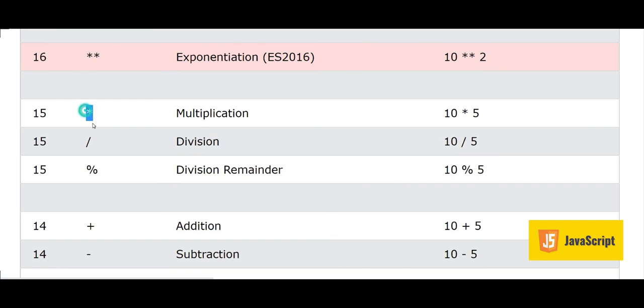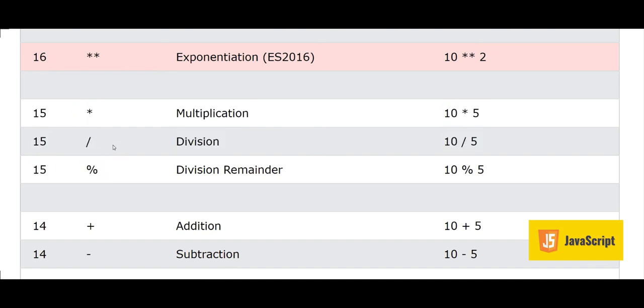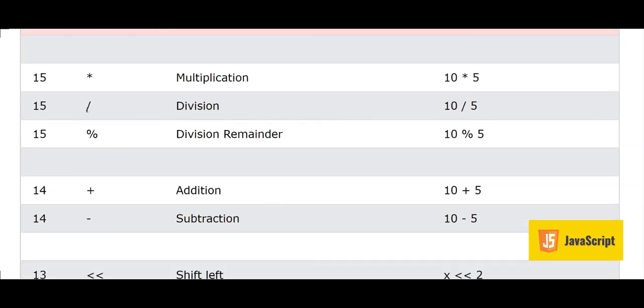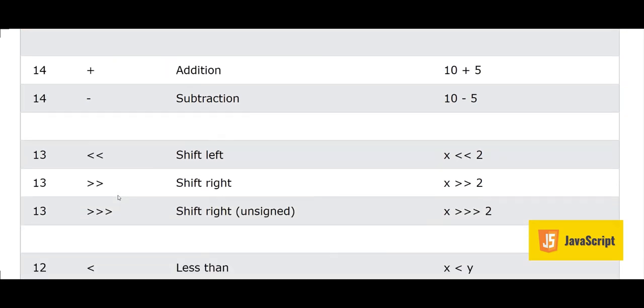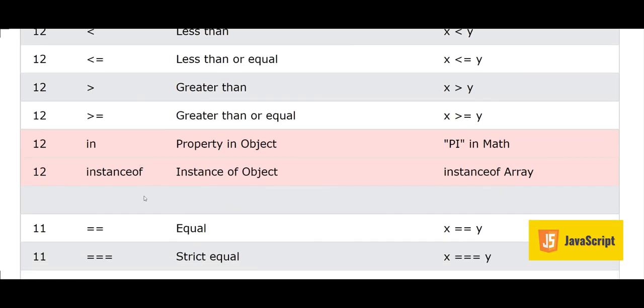Here you see the common ones we described above: multiplication, division, and remainder have the same precedence level, while addition and subtraction are at level 14. It means they will be performed after multiplication and division. Similarly, we have shift left and shift right. As we move down, these operations have a lower precedence level.